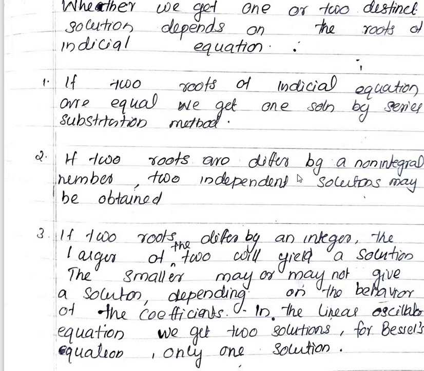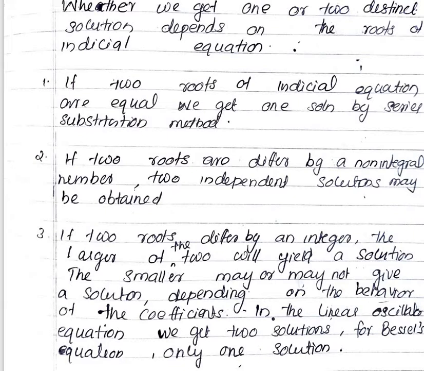If the two roots differ by a non-integer number, two independent solutions may be obtained. If the two roots differ by an integer, then the larger of the two roots will yield a solution.